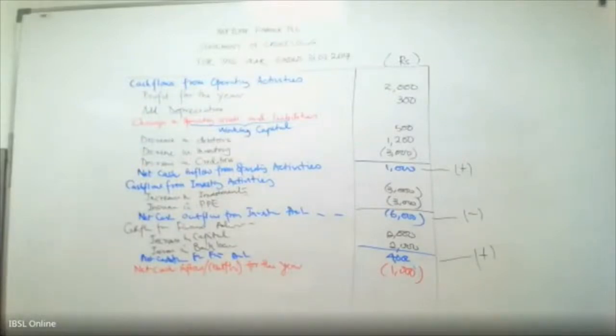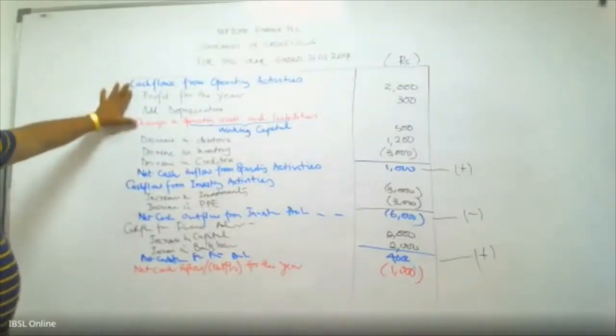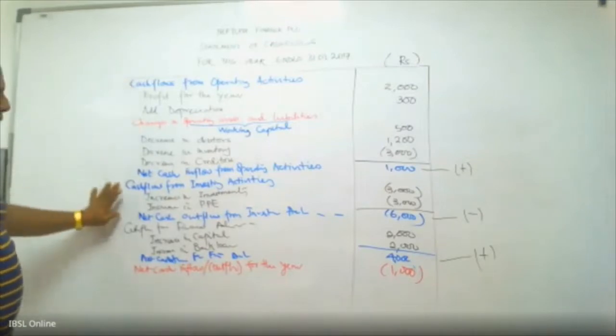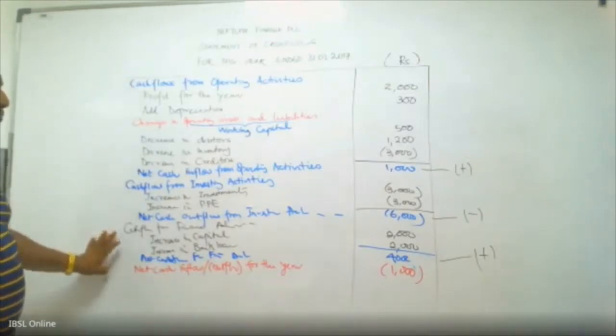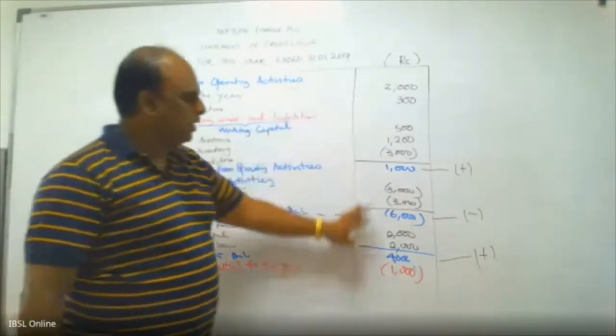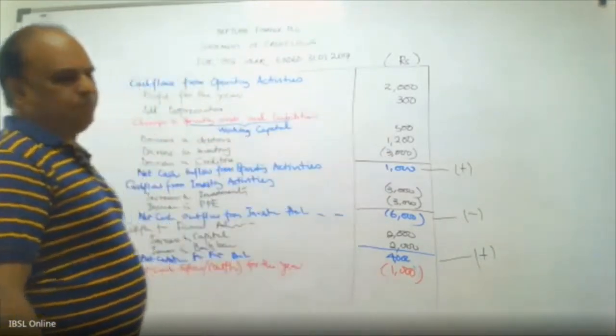Okay. Cash flow from operating activities, cash flow from investing, cash flow from financing. So when we add all three, you have 1,000 negative.